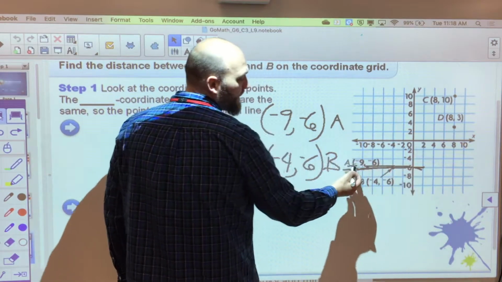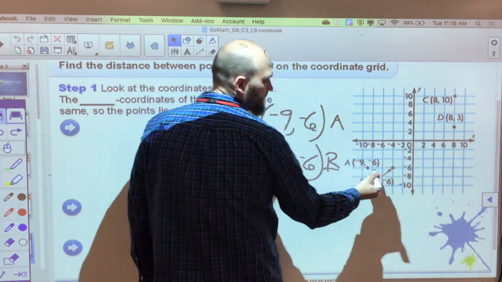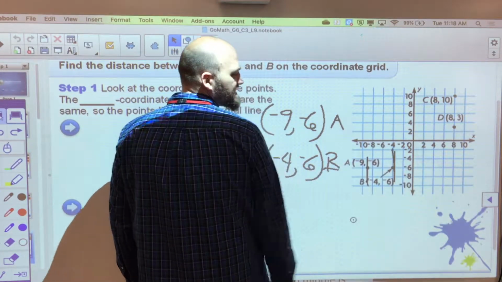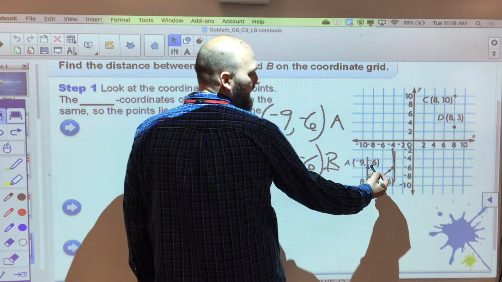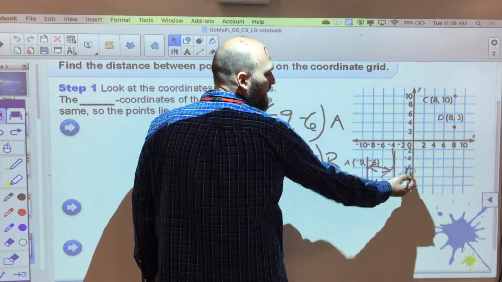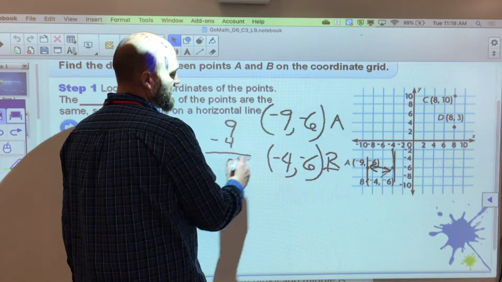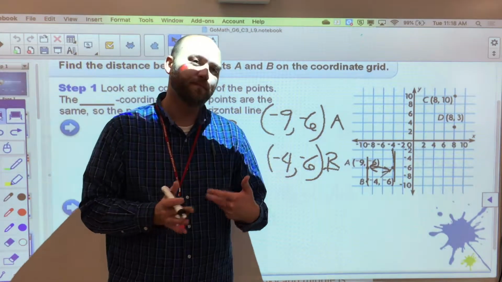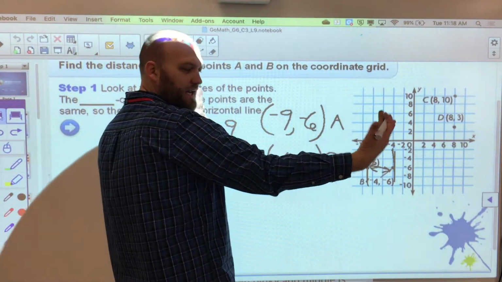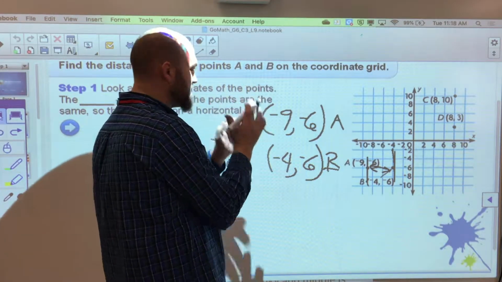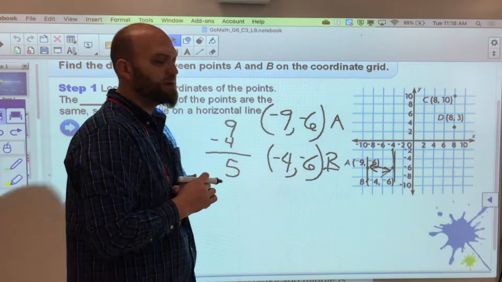So if I'm coming all the way to 9 here, and I want to take away this distance to see how far away they are, I'm looking in relation to 0, so it's absolute value. I subtract when they're in the same quadrant. I'm all the way to 9, and then I take away that 4 and see what's still missing. That chunk that's missing gets me to 5.